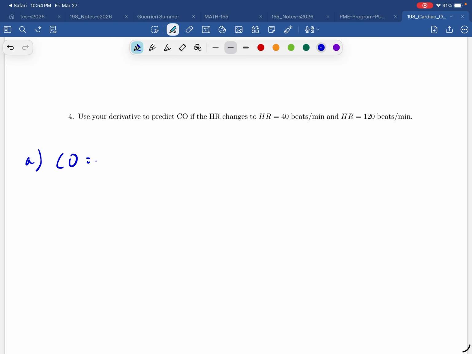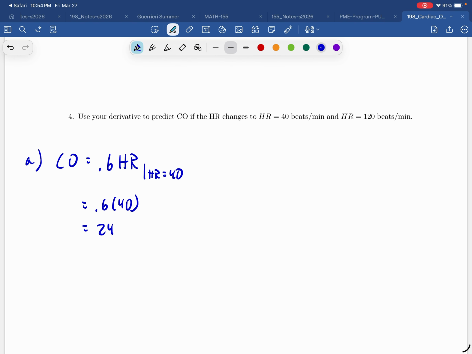CO just equals in general 0.6 times HR. And so if we're plugging in HR equals 40, then we're going to get 0.6 times 40, and that's 24, I think.